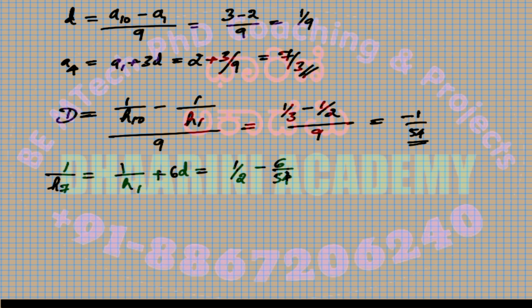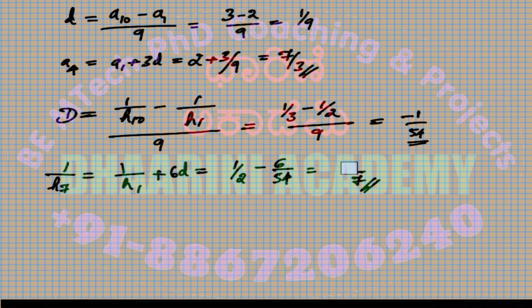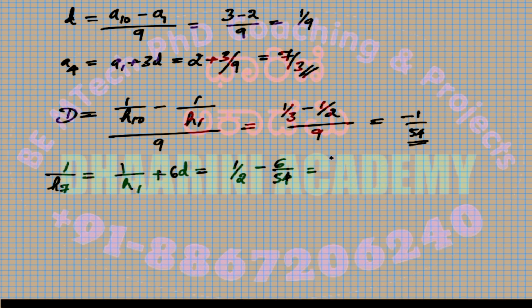Okay. So this is 1 by 2 minus 1 by 9, which is 7 by 18, my mistake. So 1 by H7 is that. This implies H7 is equal to 18 by 7.